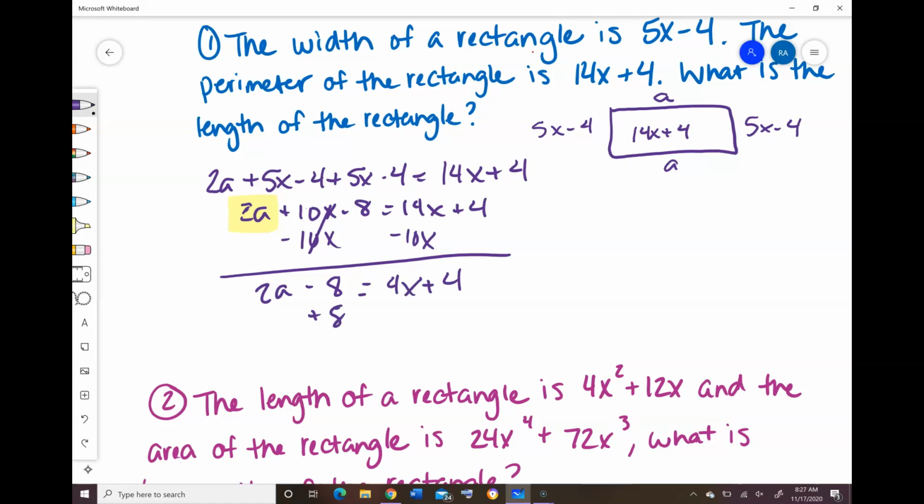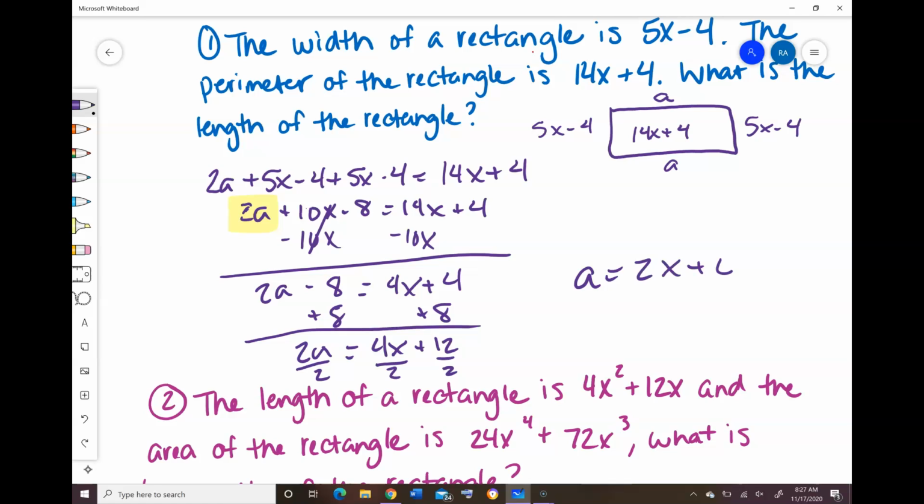Then I'm going to add that 8 on both sides. Now I have 2a equals 4x plus 12. Well, a is still not by itself, but I just got to divide everybody by 2. So a is going to equal 2x plus 6, and that's your length, guys.